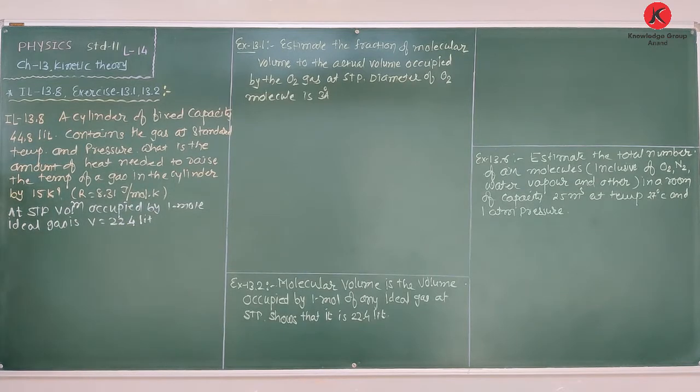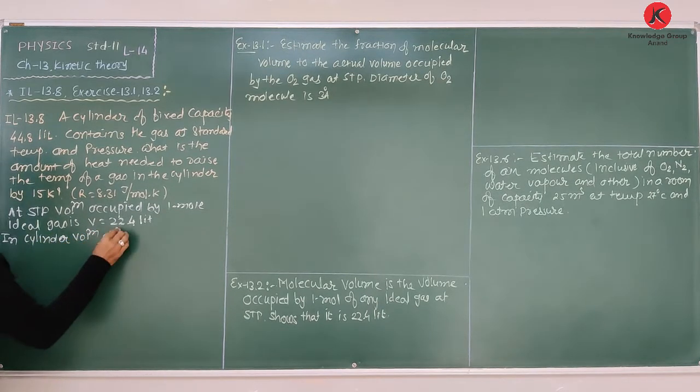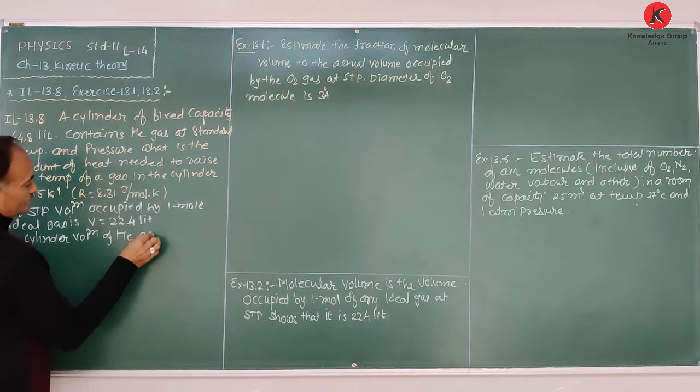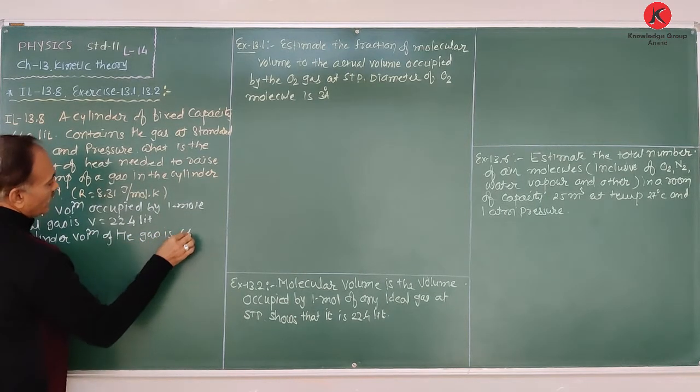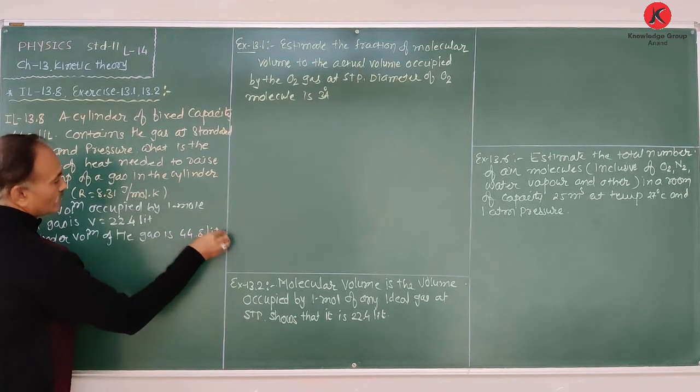Right? Now the volume of the cylinder is 44.8 liter. In the cylinder, the volume of helium gas is 44.8 liter.